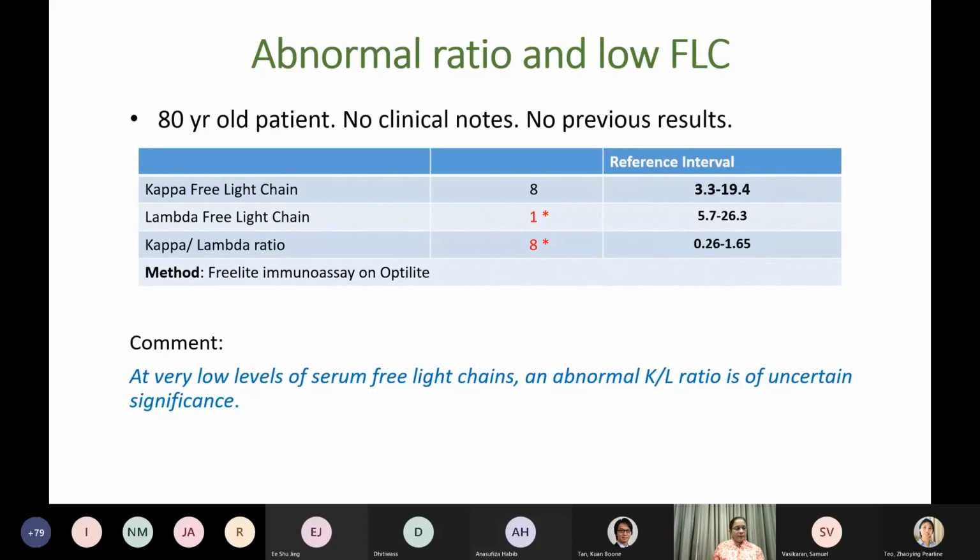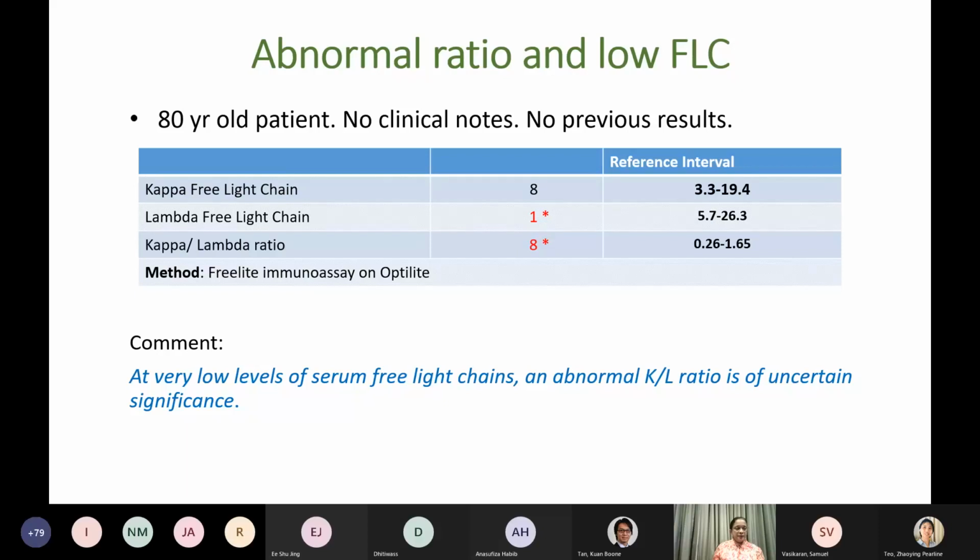But when free light chain concentrations are low, the significance of an abnormal kappa lambda ratio is uncertain. We can't say it's due to monoclonal production, although it could be. We commonly see this pattern in patients with treated myeloma, or sometimes in patients with immunosuppression.